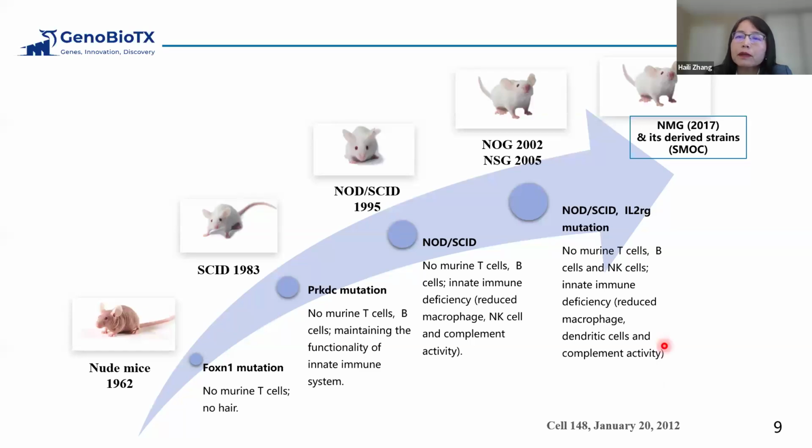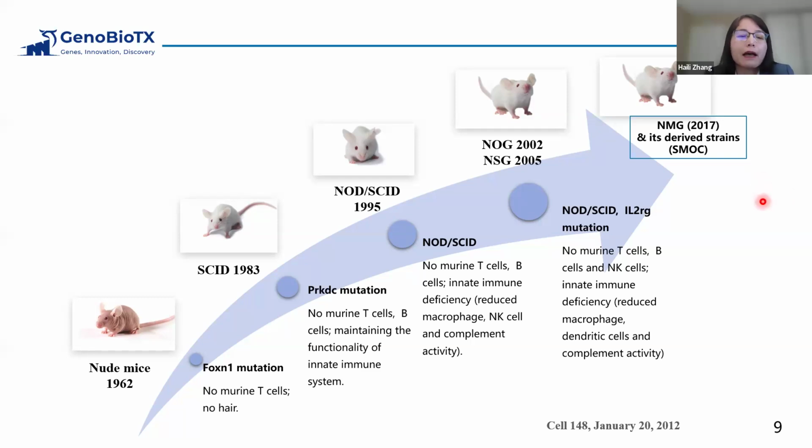So in 2017, we independently developed a NOD SCID IL-2 receptor gamma knockout mouse model named NMG.